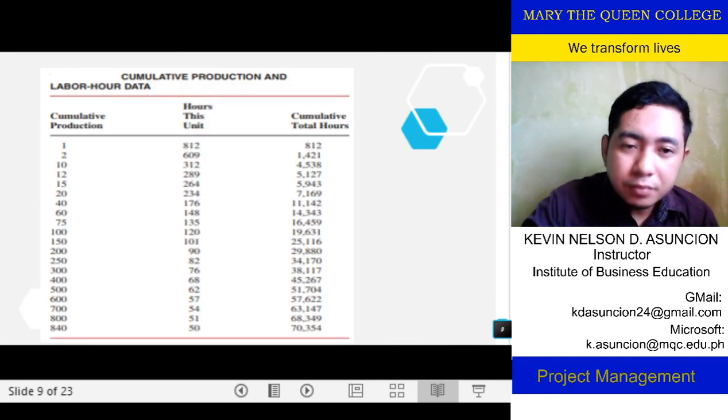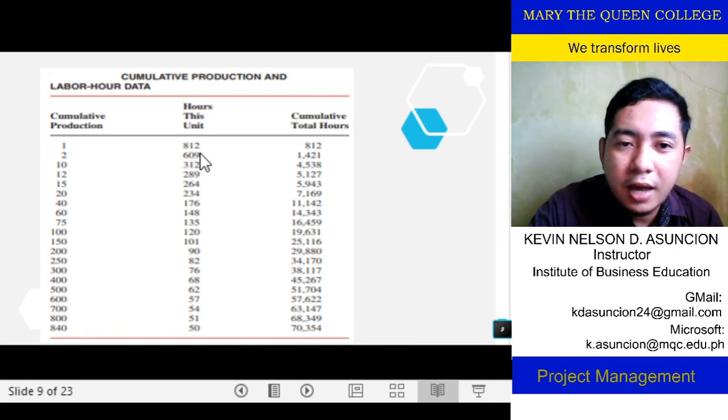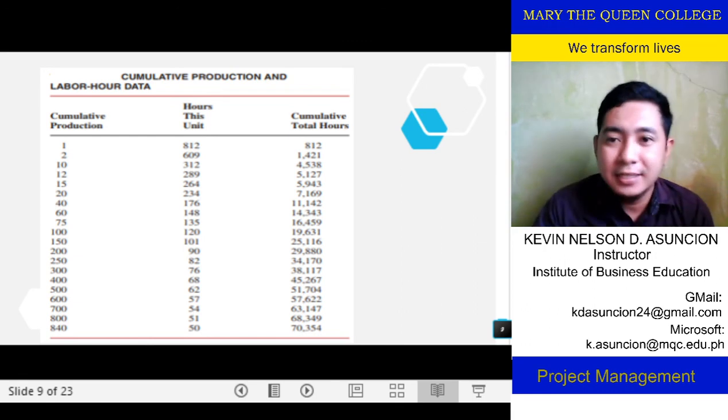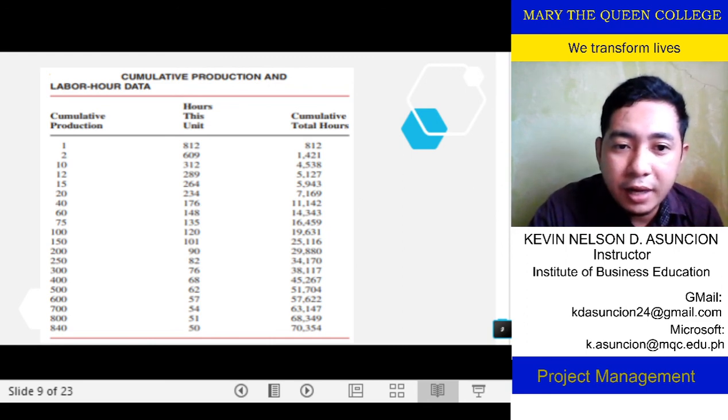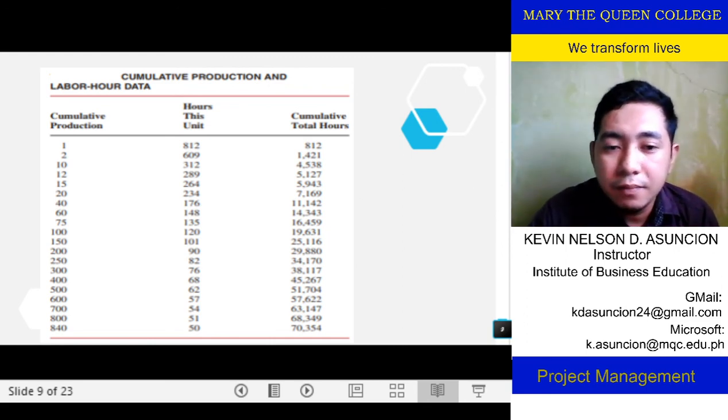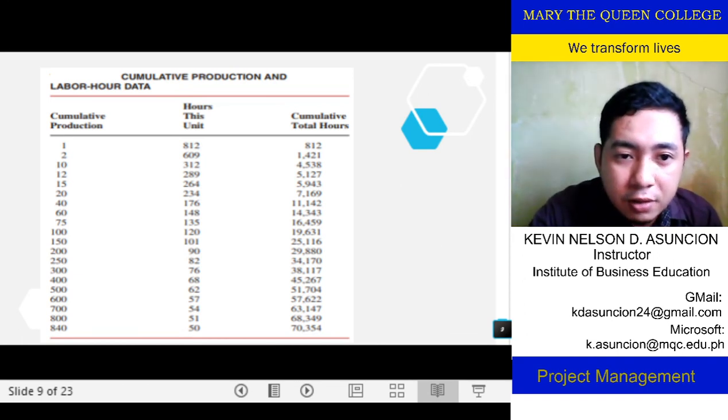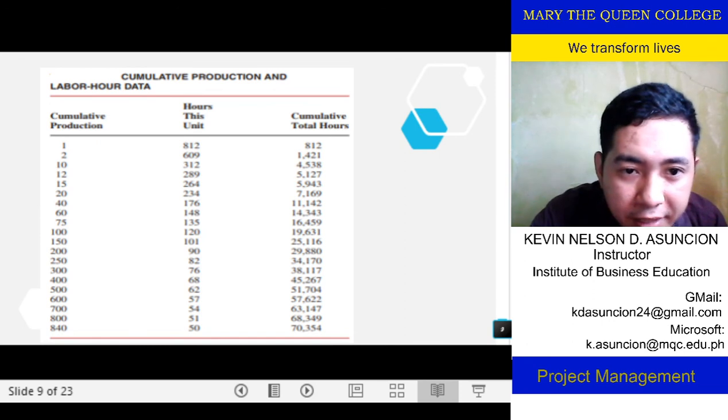Take a look at this table. As you can see, kapag dinoble ko yung mga unang units, kapag dinoble ko yung production, it just takes, let's say, 600, 200 less, no? 200 less. But look at this. Pag-abot ko ng unit 800 to 840, mas konti na yung effect sa hours. Let's compare this.